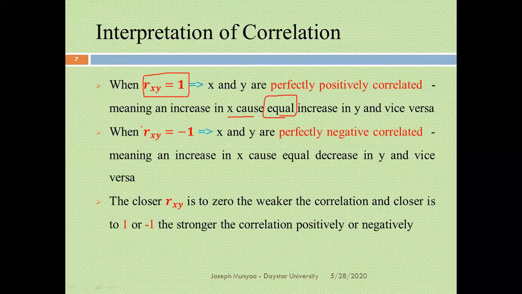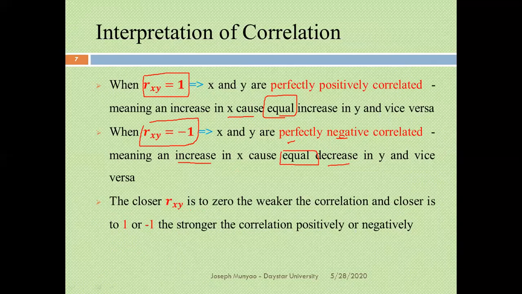And when it is -1, it means they are perfectly negatively correlated, meaning an increase in x will cause an equal decrease in y. They are going in opposite directions.